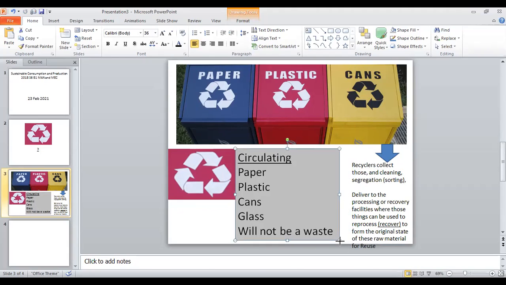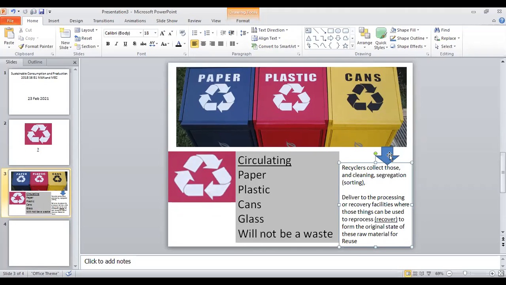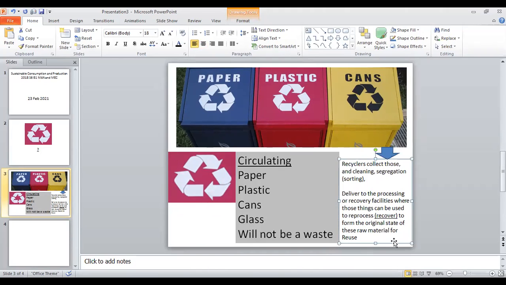Then what's the meaning of this sign for you? Of course, as socially responsible citizens, even a tiny piece of this, instead of throwing away, we put into this for collection, for recycling, for recovery and reuse.